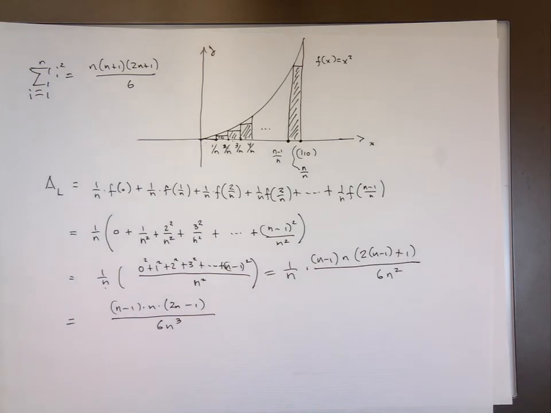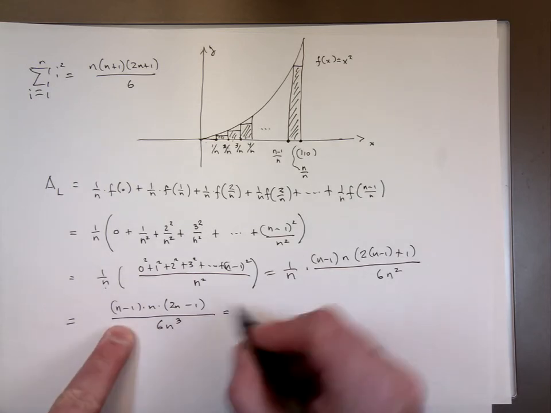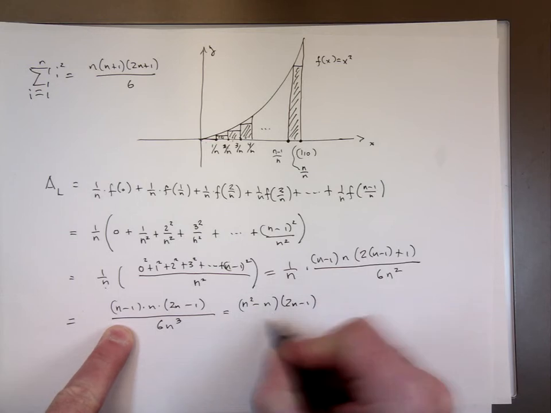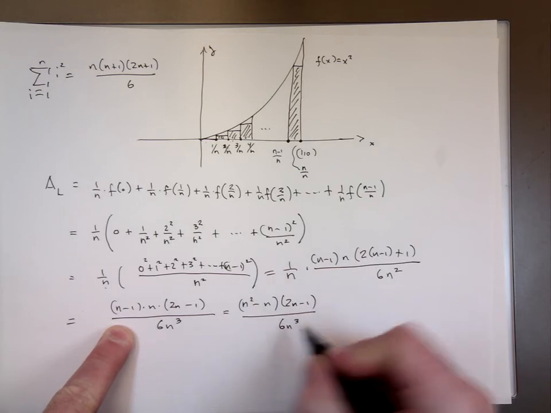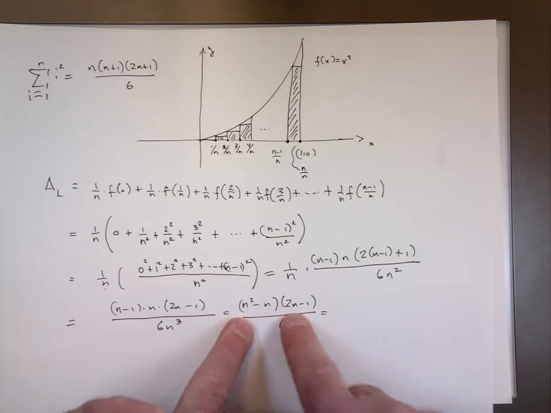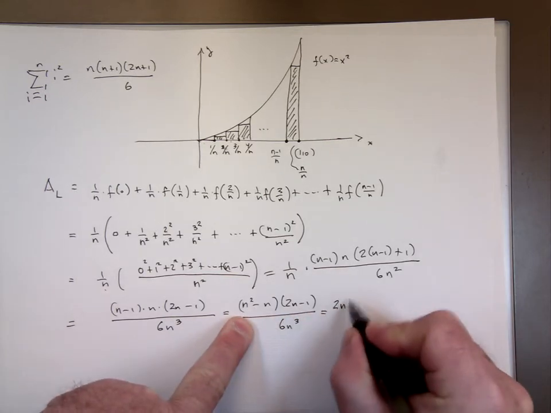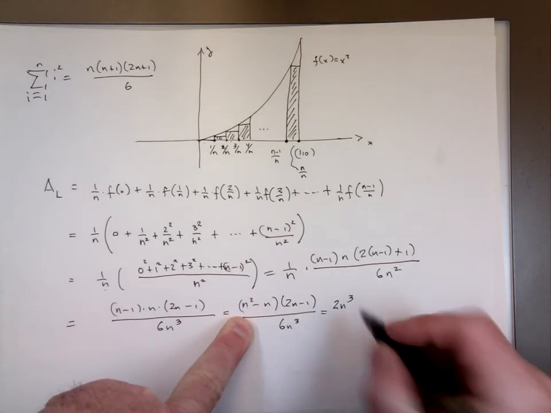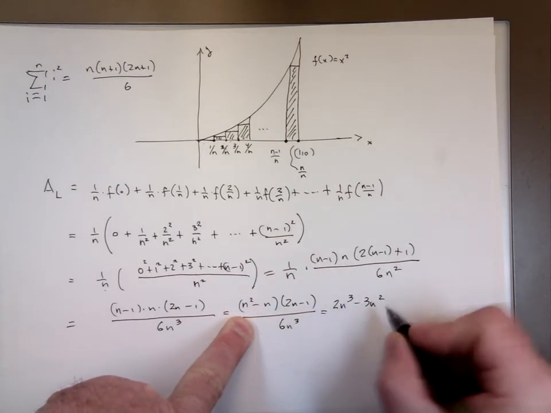I'm going to multiply that out, n squared minus n, 2n minus 1, over 6n cubed. Okay? And that's equal to, when I multiply it out, 2n cubed, okay, minus n squared minus 2n squared, plus n, all over 6n cubed.